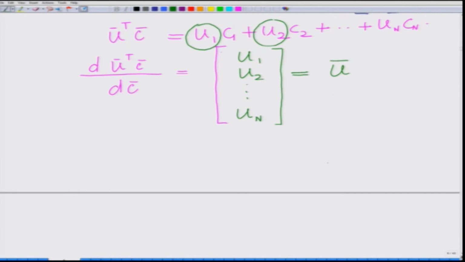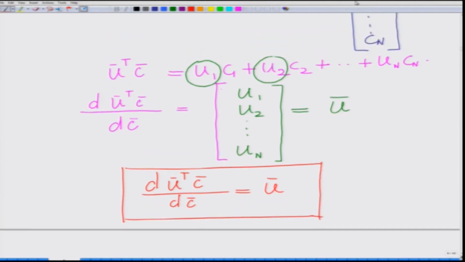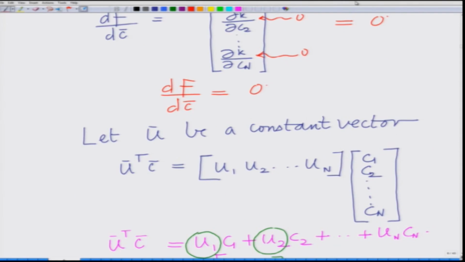Therefore, we have this interesting result that the derivative of u bar transpose C bar with respect to C bar is u bar. The previous result was for the constant, that is, when f of C bar is a constant, the derivative with respect to C bar is equal to 0.